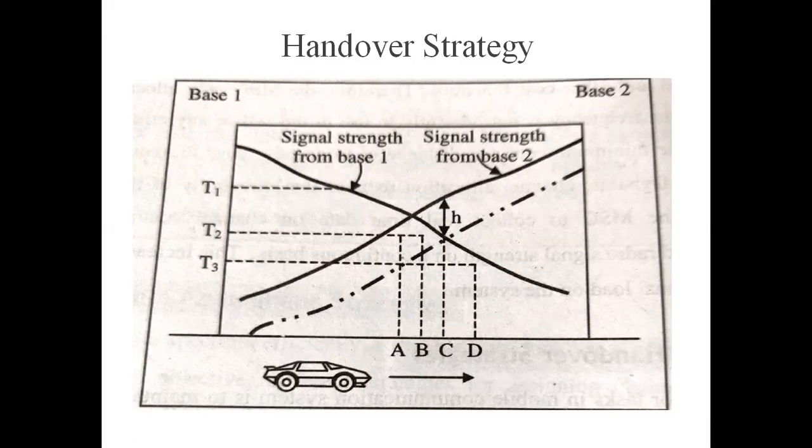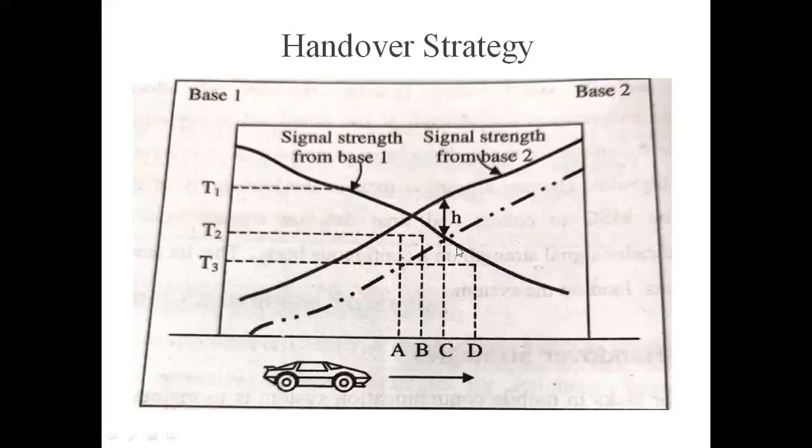We can explain this model step by step. In the first step, relative signal strength chooses the strongest received base station at all times. This is the fundamental truth. So the decision is based on an average measurement of the received signal. This is the signal strength we obtain from base 1, whereas this is the signal strength from base 2.